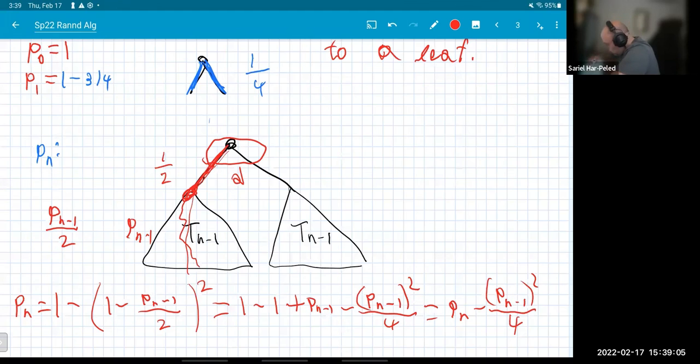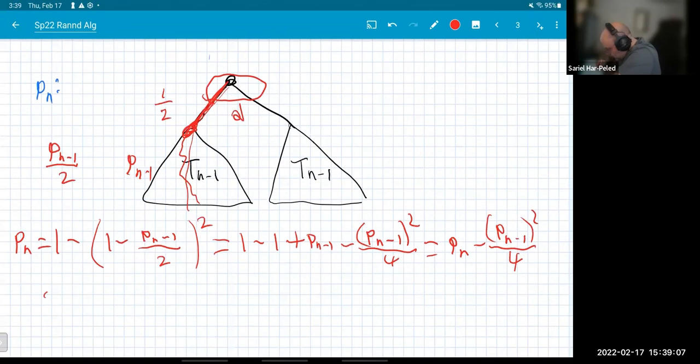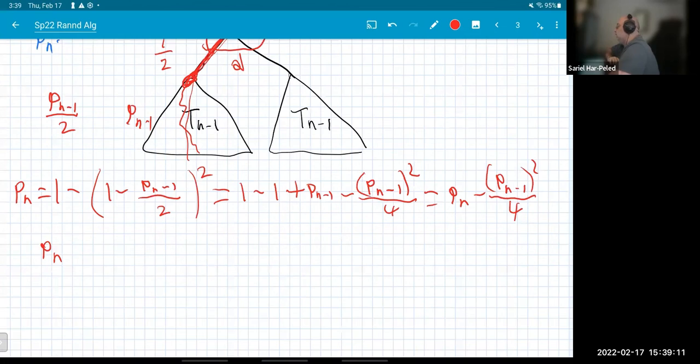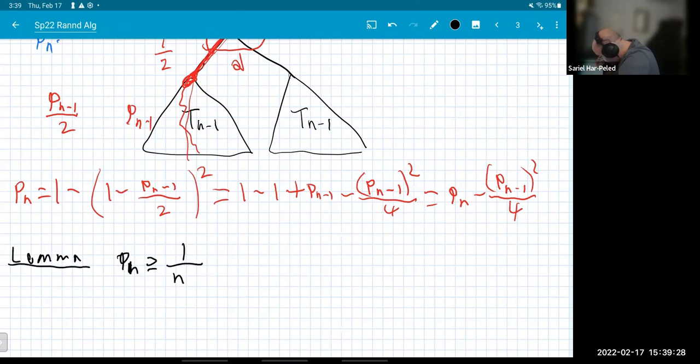Now, if you look at this probability, pH is going to decrease as you increase H. In particular, let me write the lemma because that would be kind of important. So lemma, pH is larger than 1 over H plus 1.